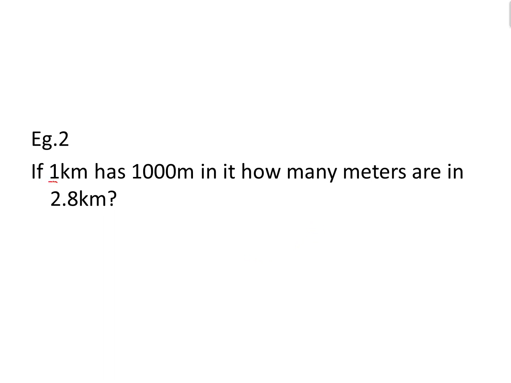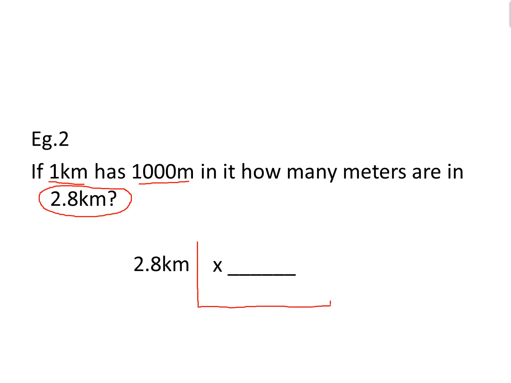We have 1 kilometer with 1,000 meters in it. So that is our known ratio. What we want to figure out is how many meters are in 2.8 kilometers. So again, using the method, we start with 2.8 kilometers. We set up a conversion factor that will put the quantity we want to get rid of on the bottom, put the quantity we want to convert to on top using the known ratio.